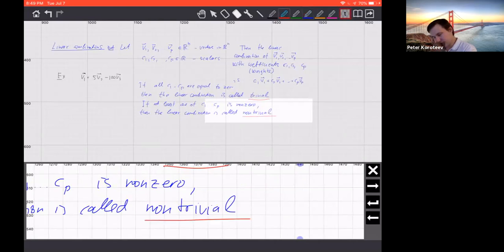We'll use these terms a bit later to describe solutions of systems of equations.